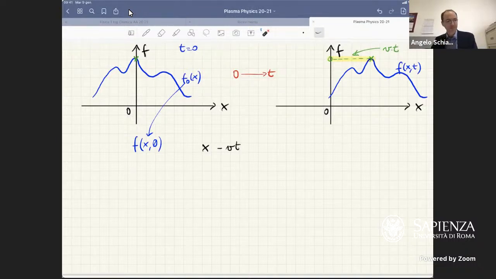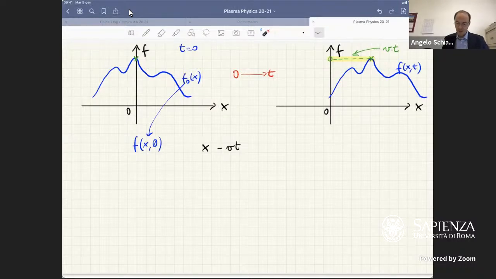So here, as you can see, we are not talking about any particular solution like a cosine or sine function or whatever oscillating function. Whatever profile you imagine is a solution of a 1D equation.